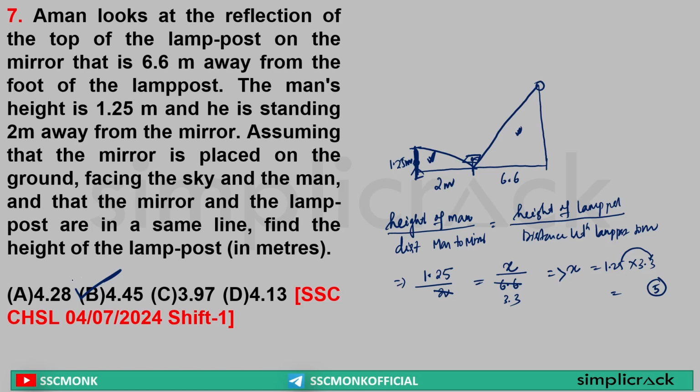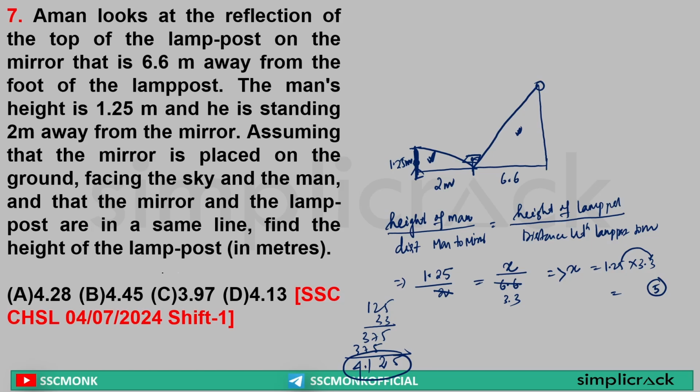There may be some issue over here in the approximation method. So what I need to do? I need to calculate. 125 into 33 is equal to 375, again 375. That is equal to 5, 7, 5, 12, 7, 3, 10 plus 1, 11, 3 plus 1, 4. So what is the answer? 4.125.